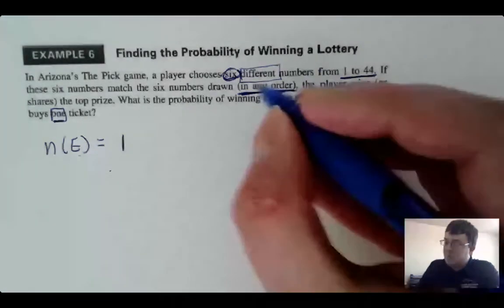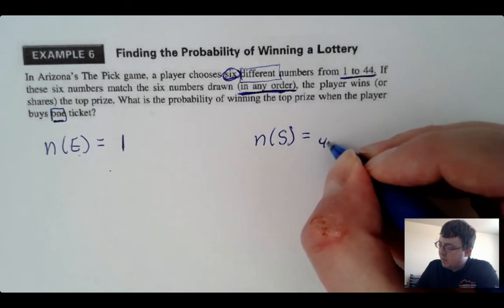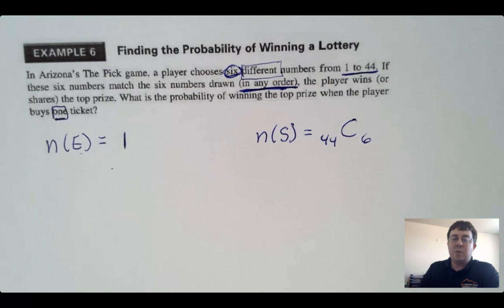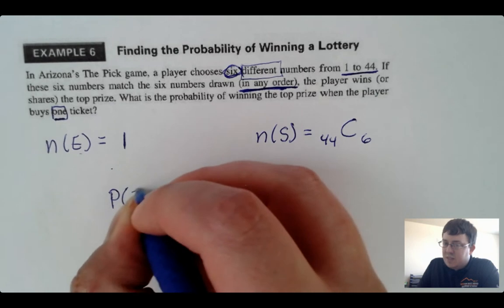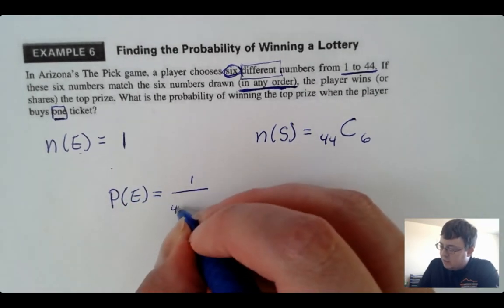So because it told me the order doesn't matter here, I'm going to take 44 numbers and choose 6 of them. So it's a combination here to find the number of outcomes. 44 numbers, choose 6, doesn't matter which 6 or which order they're in, as long as I have those 6 numbers. So then the probability of this event happening is 1 over that 44 choose 6.